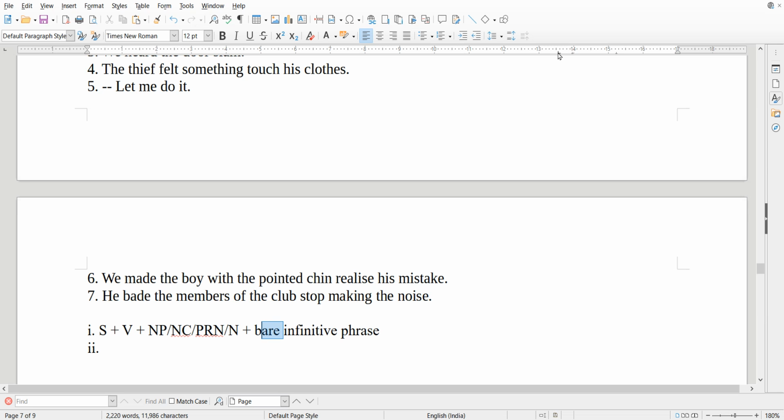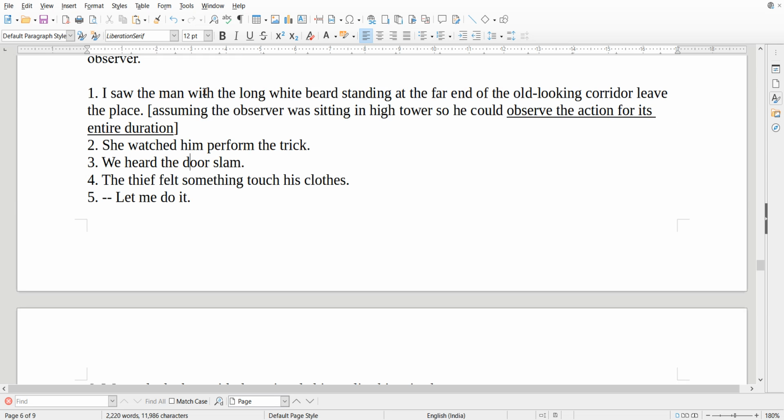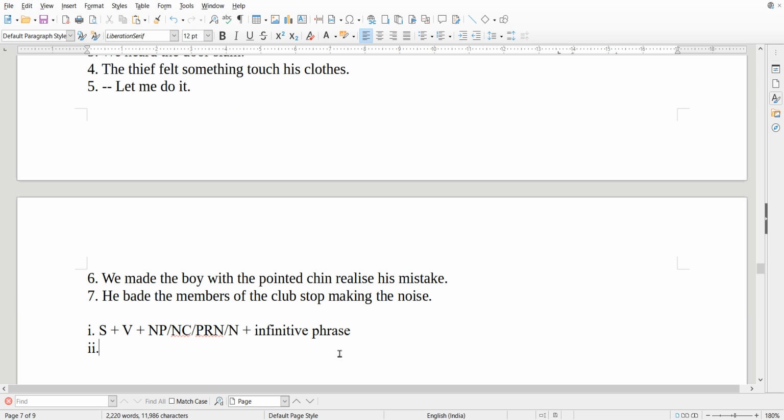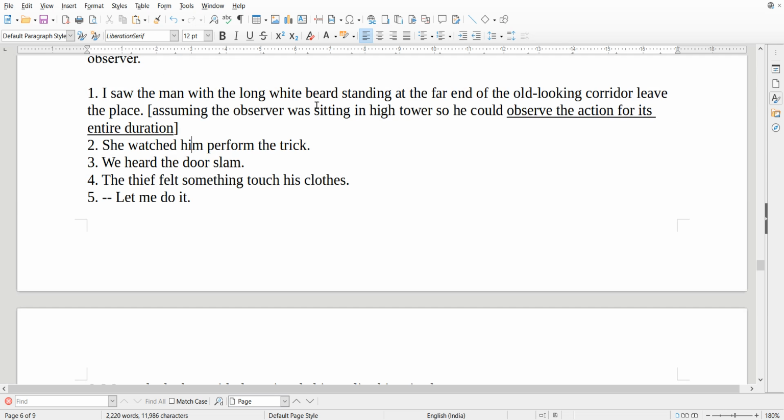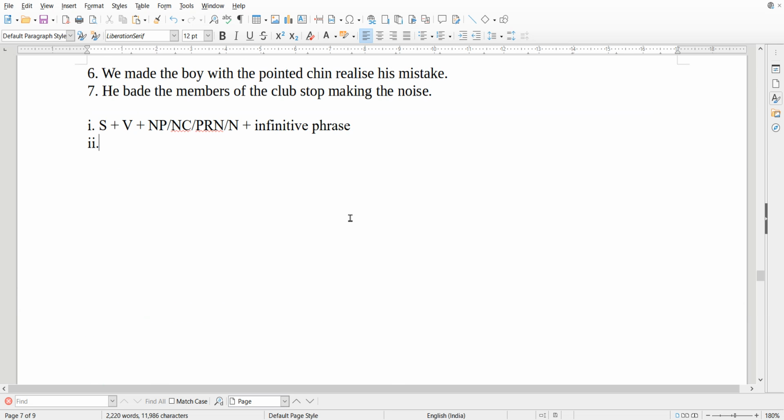He bade the members of the club stop making the noise, not to stop making the noise. Let him do it, not let him to do it. The thief felt something touch his clothes, not to touch. Just the bare infinitive. That's what you have to note. It can be called plain infinitive or bare infinitive, or plain form. They call it by different names.